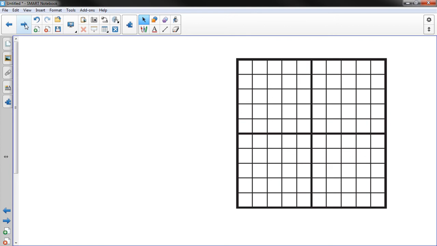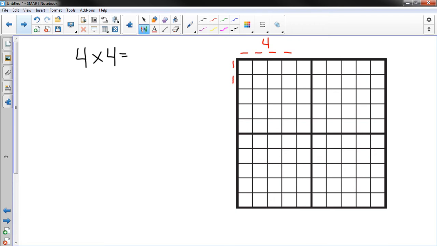Let's try 4 times 4. So again, I'm going to start up here. Always start in a corner. So there's 4. Now I'm going to go the other direction, and I'm going to go 4. It's a multiplication problem, so I have 4 times 4. And this is where this one ends, so I need to start drawing my line here. And this is where this one ends, so I got to draw my line here.